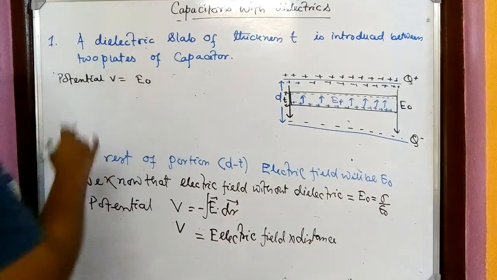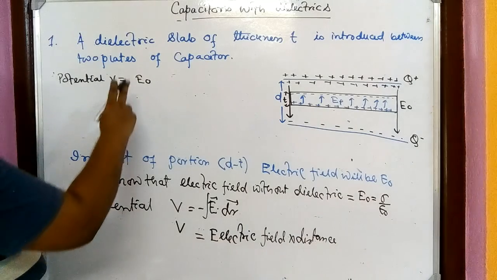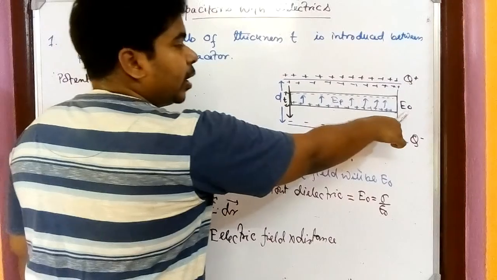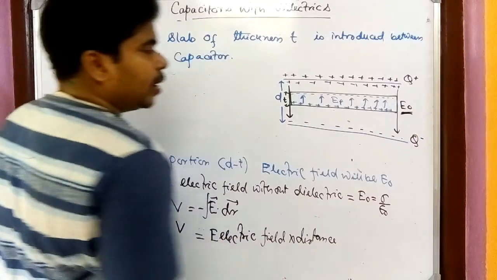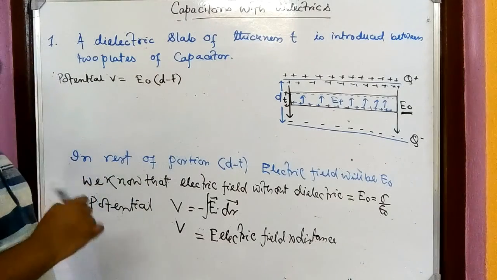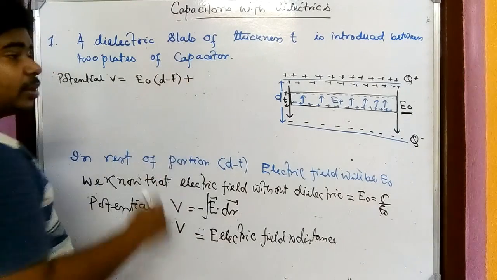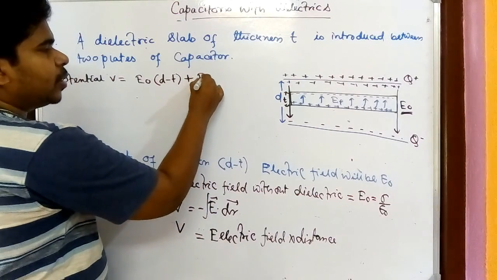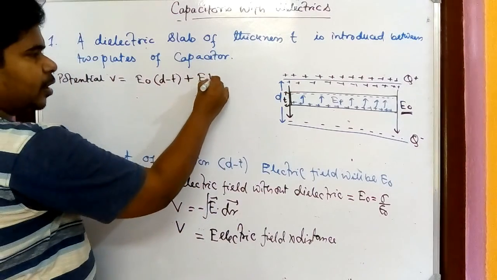So potential V should be electric field E naught into distance. What will be the distance where the electric field E naught is there? That is D minus T, and along with it the electric field in the T zone. So in the T zone the electric field is E into T.